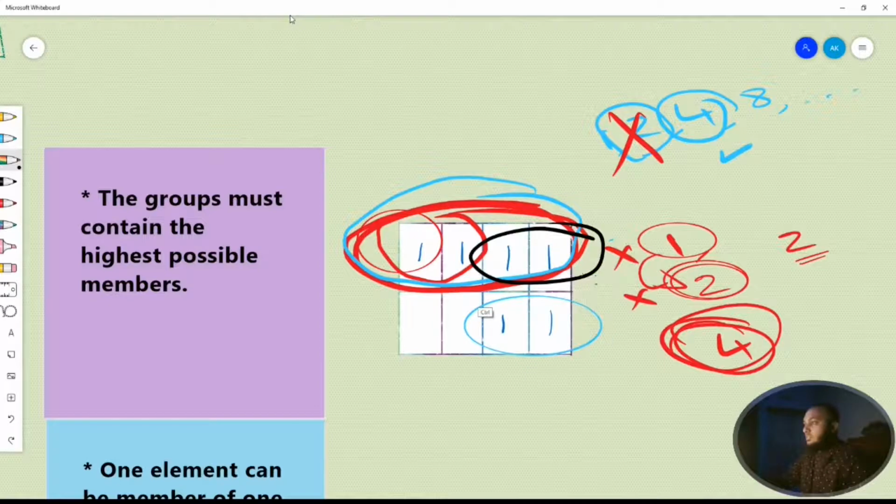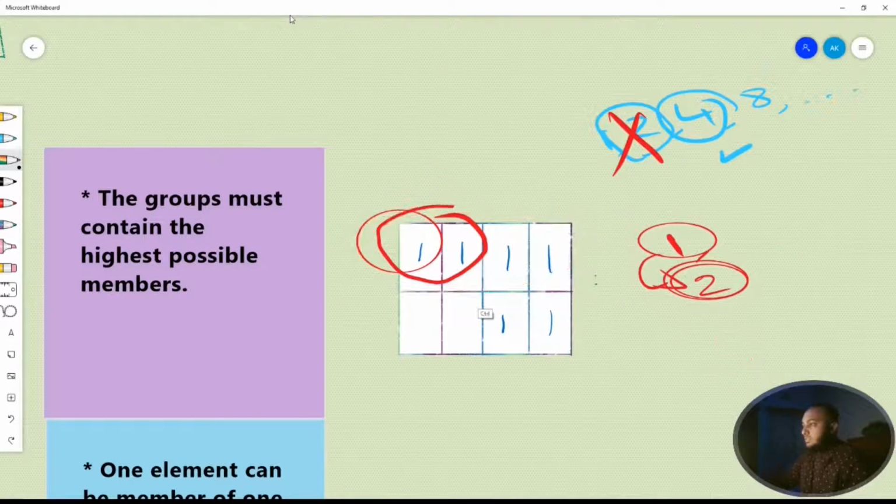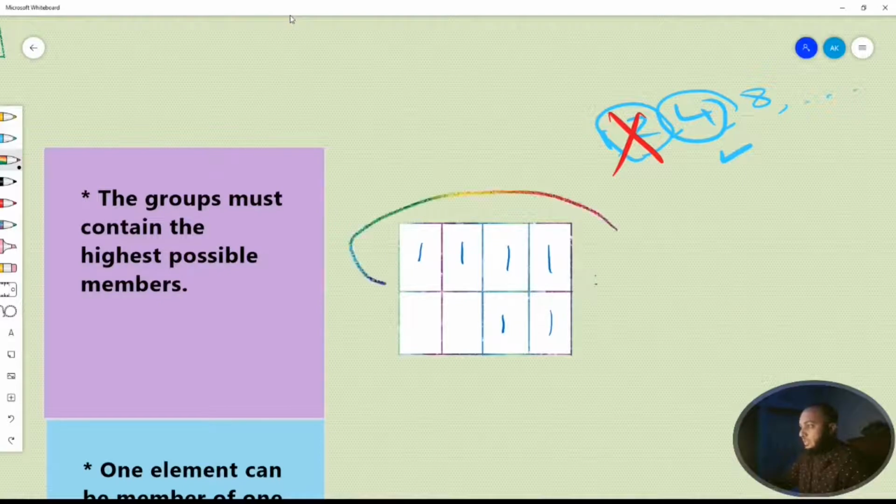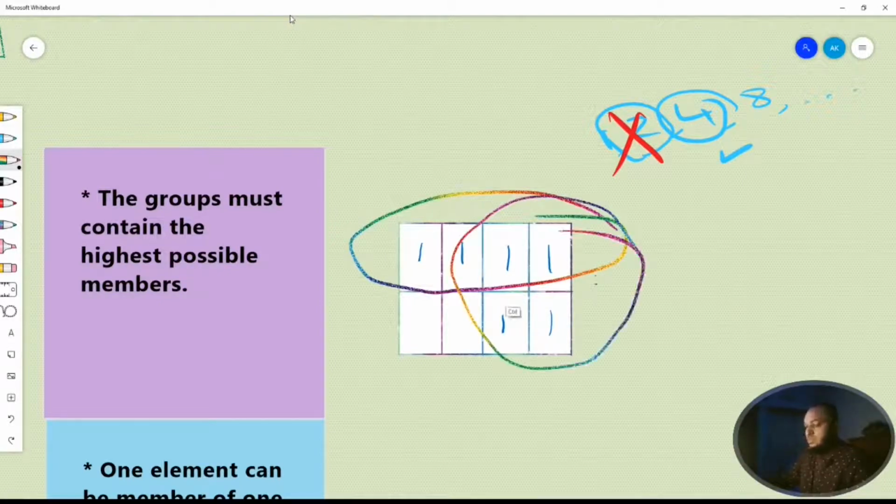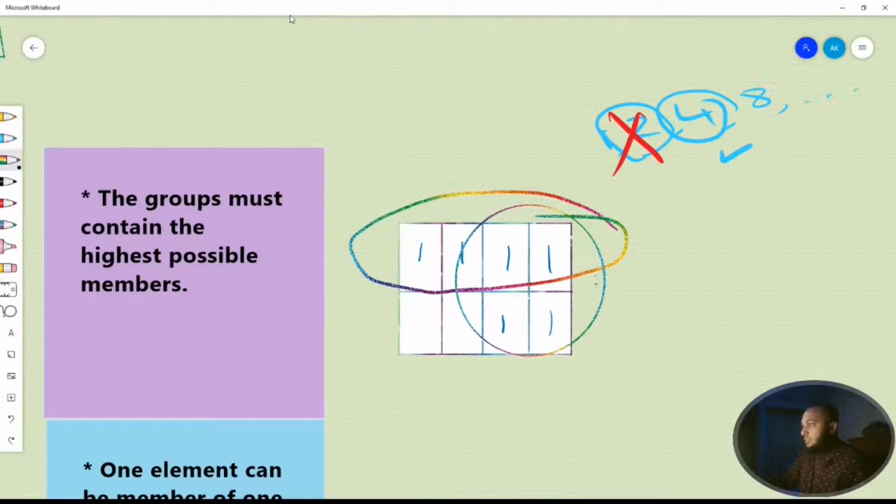So we can say that here the groups will be this one and this one. Okay, these 4 members and these 4 members.